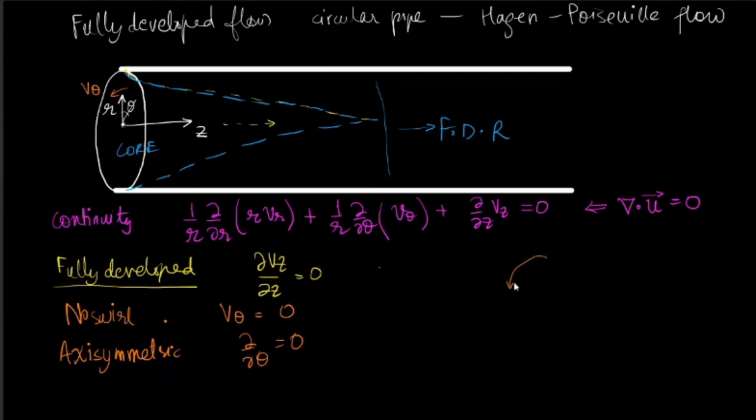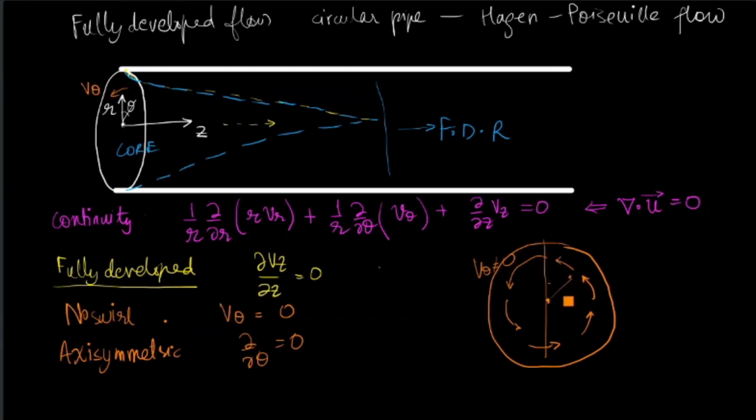We can have v theta non-zero, but the problem can still be axisymmetric. If we have a constant v theta, the problem is still axisymmetric, because the problem is invariant under rotation in theta. So the problem can be axisymmetric with swirl, or asymmetric and still have no swirl. One does not imply the other.